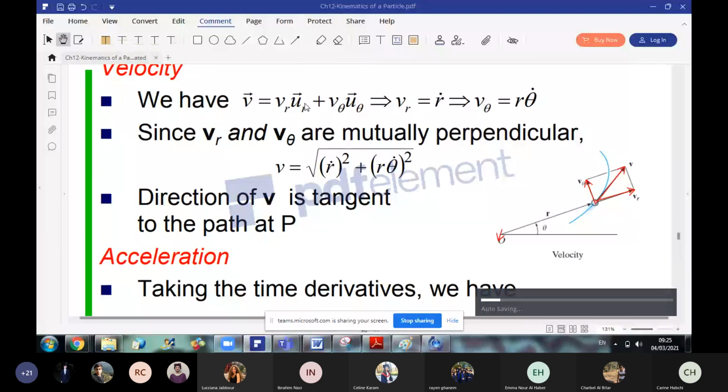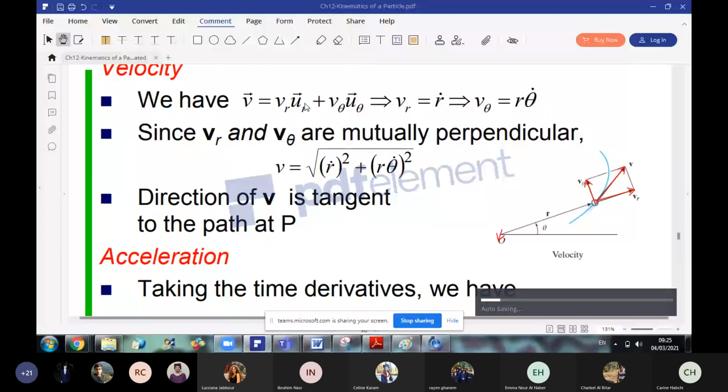Why? Because the first term of V is R dot, meaning dr by dt, times UR. If I want to derive this term, it is like I have U times V. Right? So what should I do?